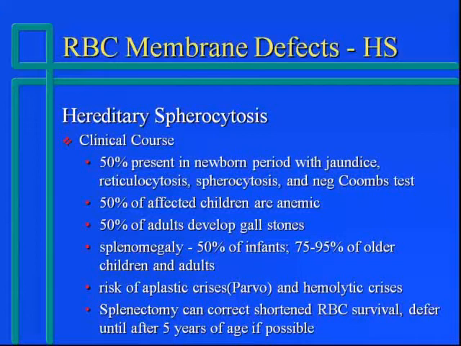They may become more jaundiced and drop their hematocrit and become more anemic. Splenectomy can essentially correct this condition as it improves and normalizes the red blood cell survival. But we try to defer this until after 5 years of age because of the higher risk that young children are at of overwhelming sepsis from encapsulated bacteria.